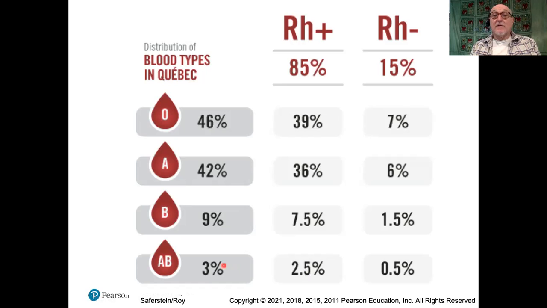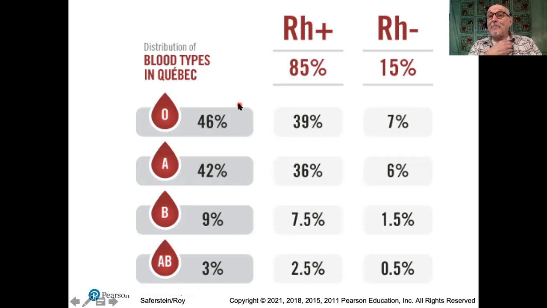You can receive blood from O, A, and B because you don't produce any antibody to those blood groups. So this is called a universal acceptor. O blood is called a universal donor as long as the Rh factors are compatible.